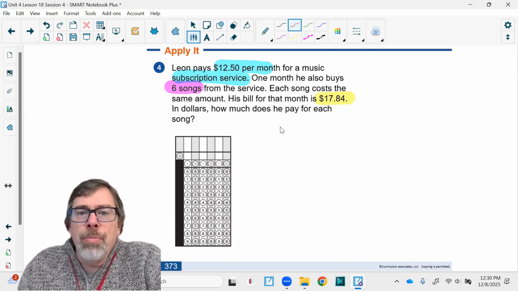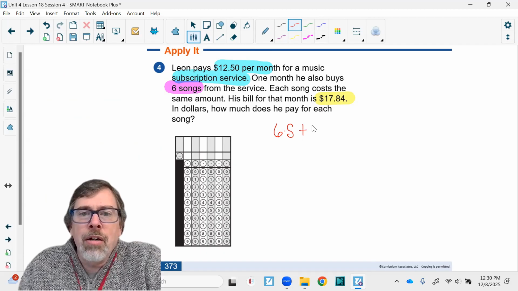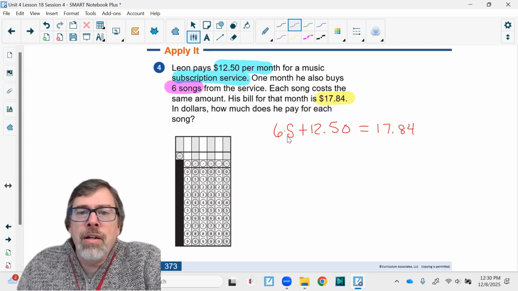$17.84. So my equation is going to be 6 times S for songs, and that's multiplication, coefficient variable, plus our monthly fee of $12.50 equals $17.84. There's my equation. 6 songs, don't know how much the songs cost, but I know my subscription's $12.50.